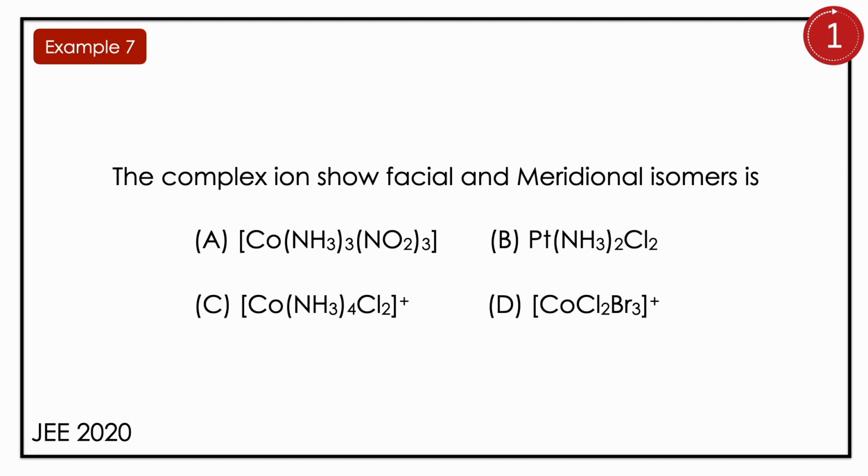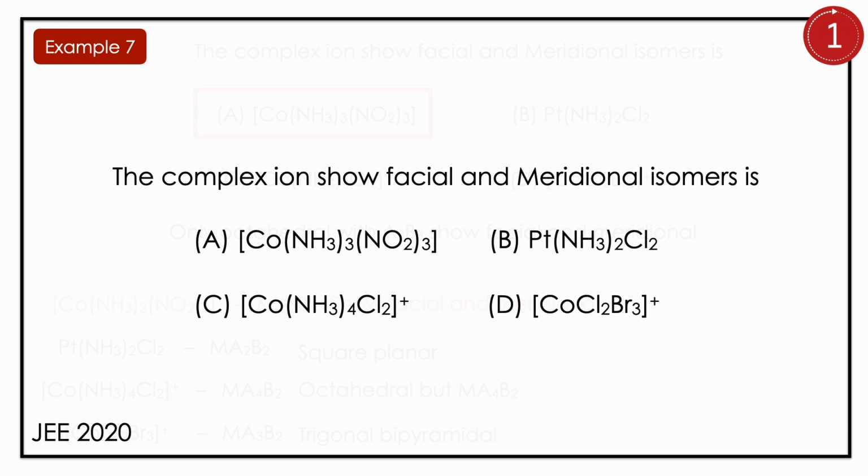Then the next question. The complex ions that show facial and meridional isomers are: A, cobalt with ammonia thrice and NO2 thrice; B, platinum with NH3 twice and Cl2; C, cobalt with NH3 4 times and Cl2 cation; D, cobalt with Cl2Br3 cation.